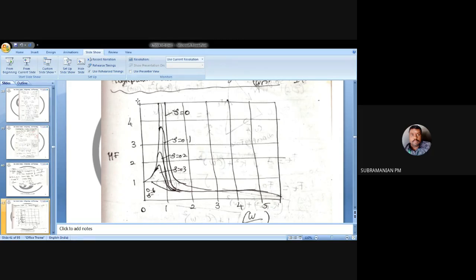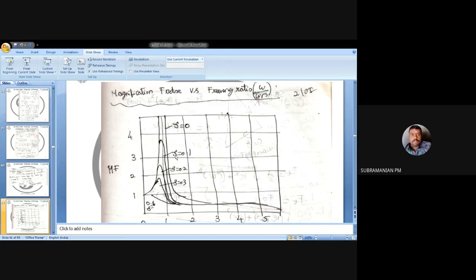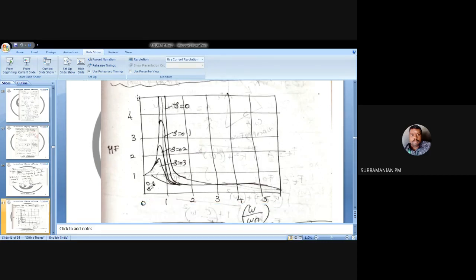In a theory exam, they may ask you to plot the variation of magnification factor versus frequency ratio. In the y-axis you have magnification factor, and in the x-axis you have frequency ratio, which is well quantified with fixed values, say 1, 2, or 1.2, something like that.